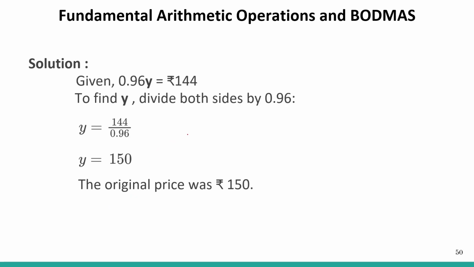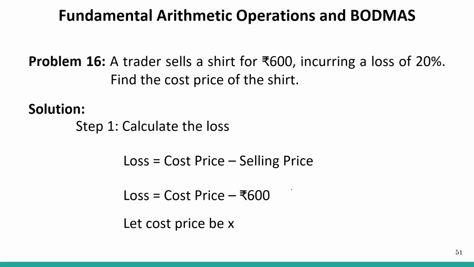So 0.96y is 144. Dividing both sides by 0.96, we get y is equal to 150. So the original price was 150. This is the final answer.